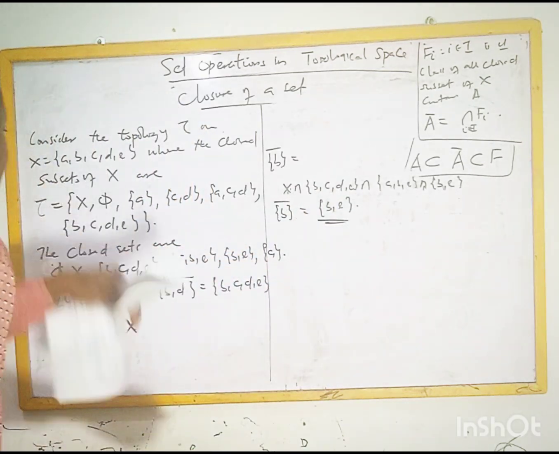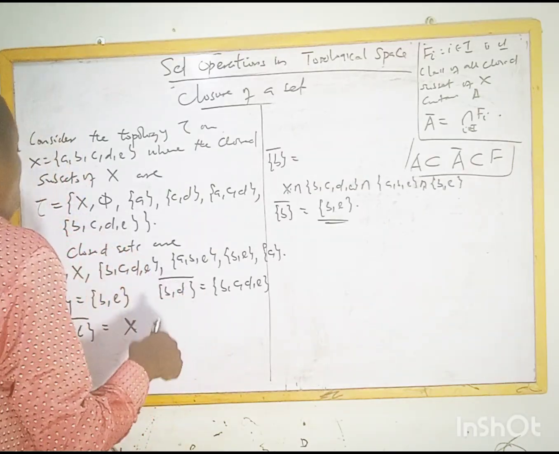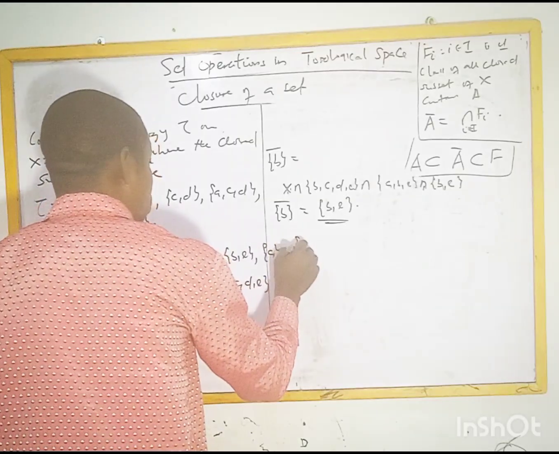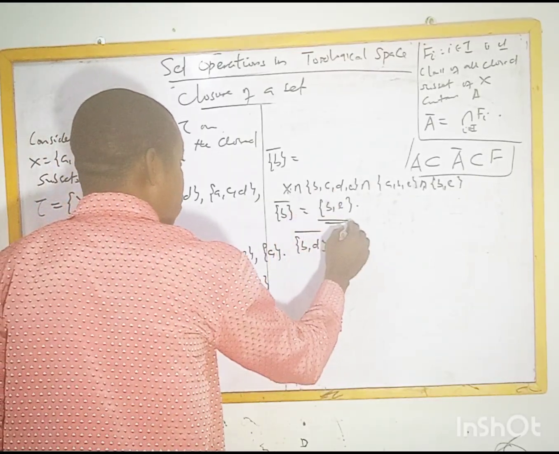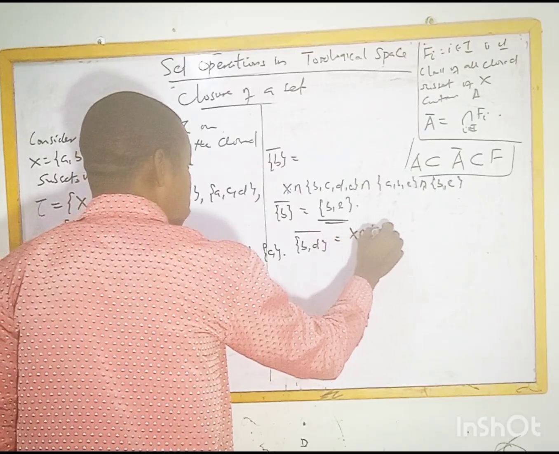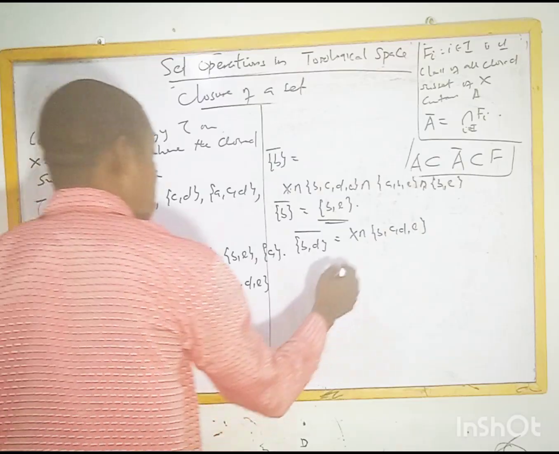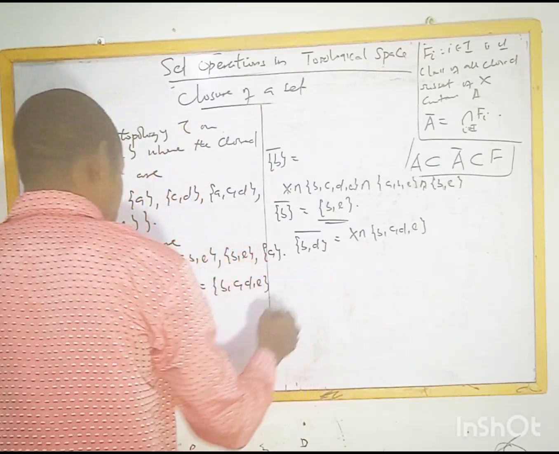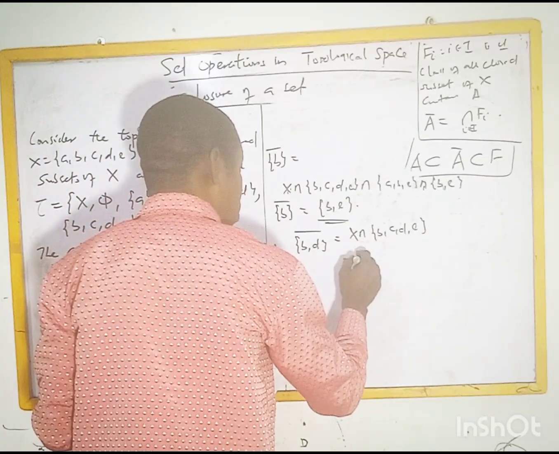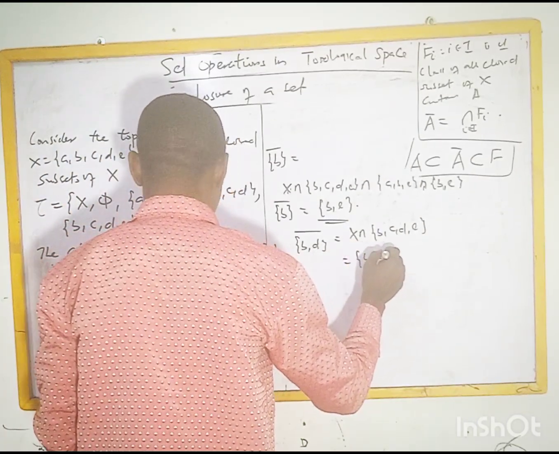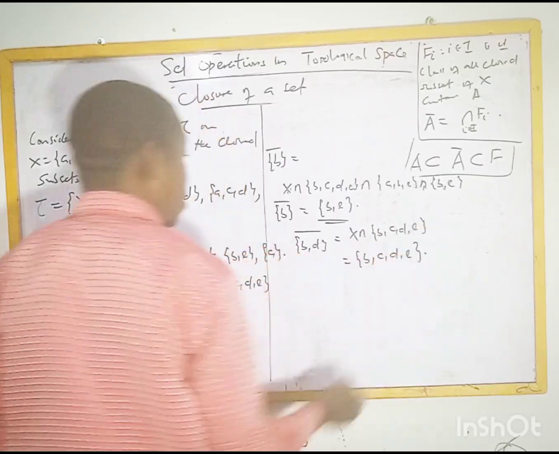The next one is BD. What are those that contain BD? This one contains BD: we have X intersection B, C, D, E. Is there any other one that contains BD? No, not one again. So this gives us B, C, D, E, and that is the closure.